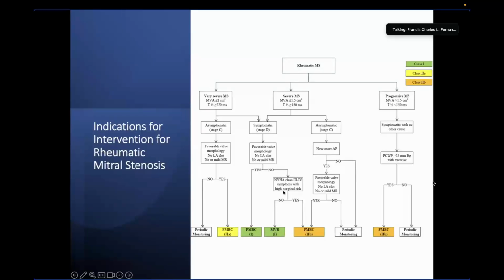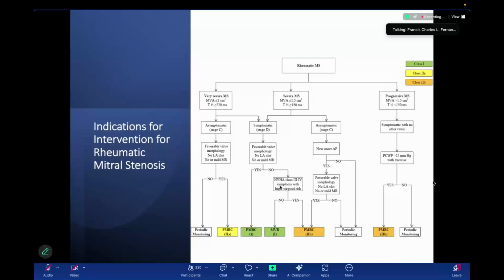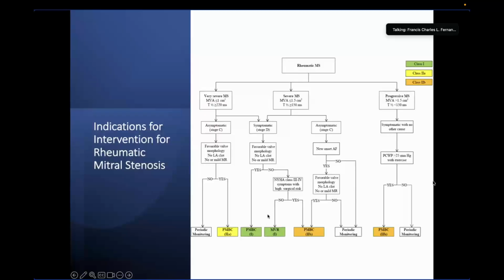So patients with high surgical risk, you bridge them with this because they might not survive very well. But if they're better candidates, less symptomatic with low surgical risk, you do a valve replacement. So we do a valve replacement.